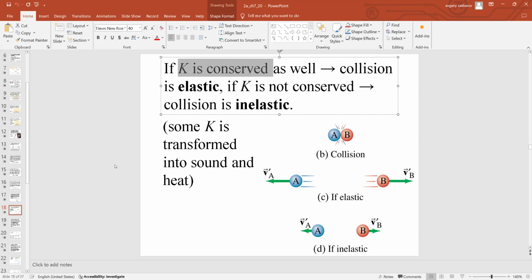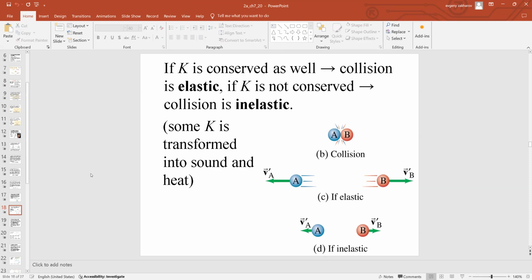So not only you say P sub x equals P sub x before and after, you can also say the total kinetic energy before is the same as the total kinetic energy for the system after the collision or an explosion. So very helpful kind of a collision.